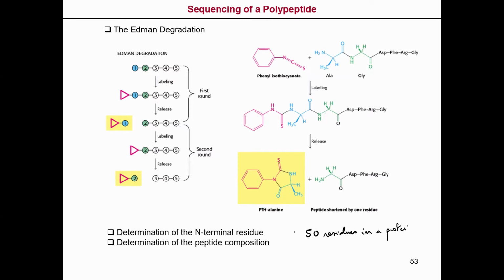So you can make 50 rounds. So you will know the 50th amino acid of the protein. Okay, so we need another technique to have the whole sequence of a protein, because you remember, how many amino acids can a protein have?